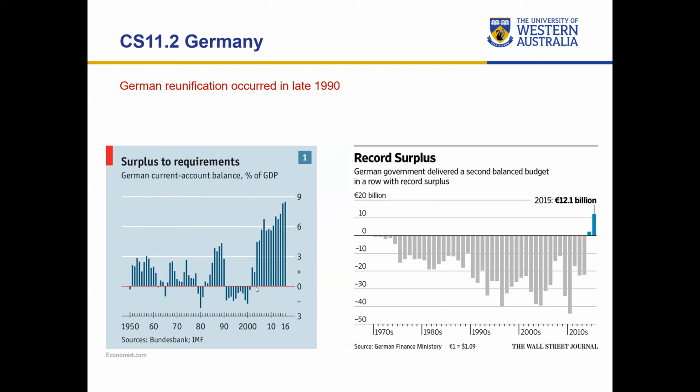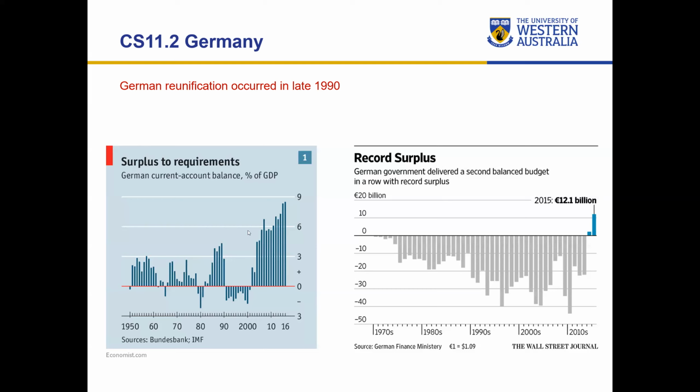Once again, it was triggered by a particular economic event, because the euro currency was introduced in January 1999. And so somehow the introduction of the euro has led to Germany moving from running current account deficits prior to the introduction of the euro to massive current account surpluses after the introduction of the euro.